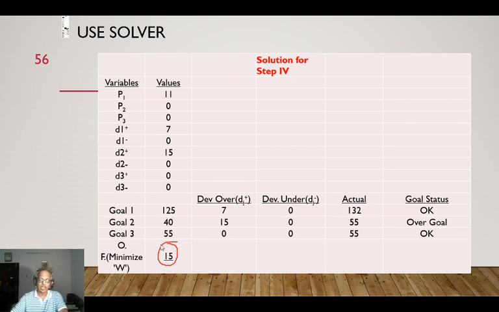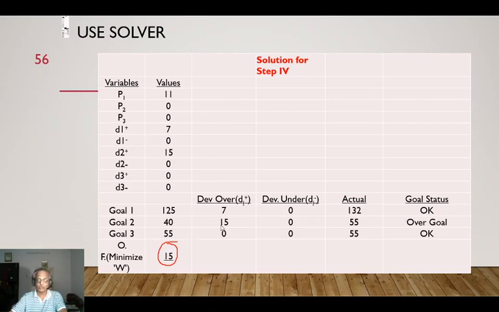and we got the value as 15. So this is the last stage of the problem, and we have got a combination like this: P1 equal to 11, P2 equal to 0, P3 equal to 0. And if you see the goal status, for goal 1 it is okay because it has exceeded by 7.